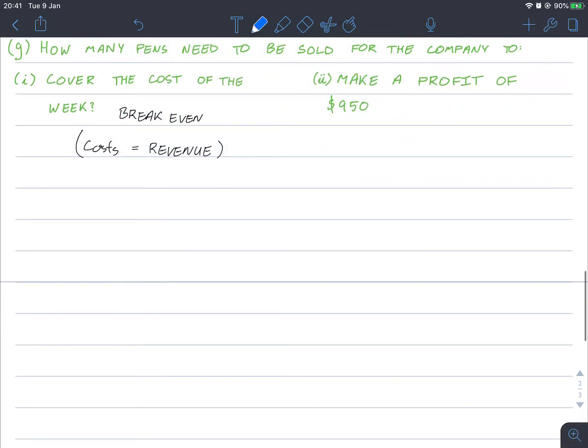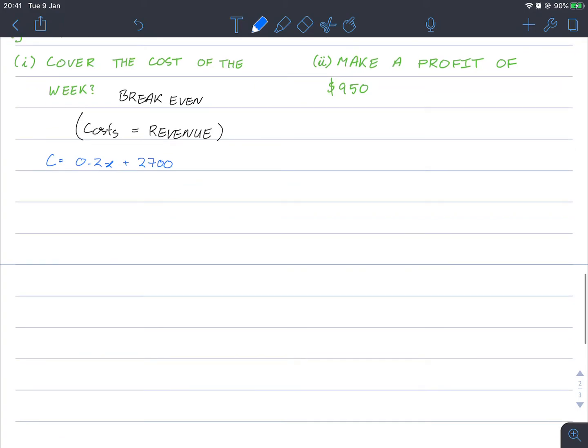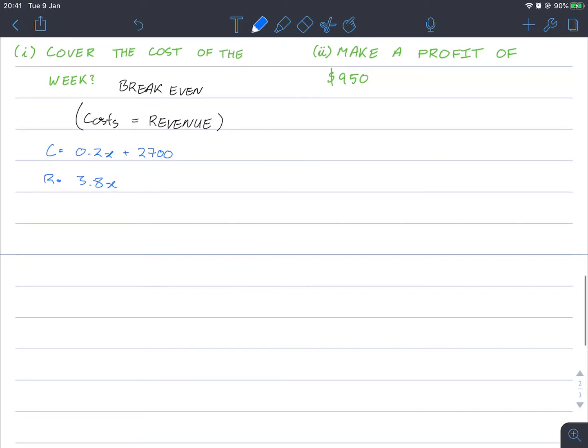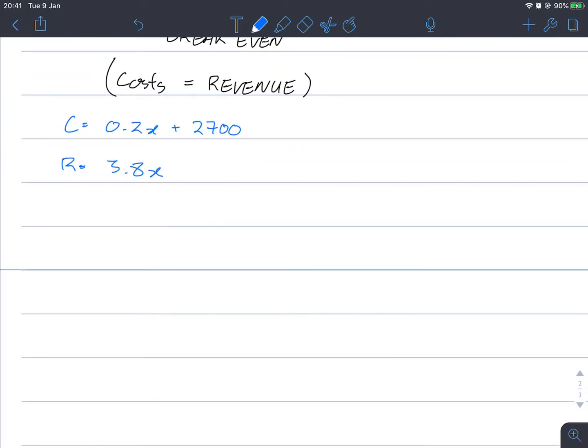So in this case, if we want costs to equal revenue, we take our cost formula, which was 20 cents, 2,700, and our revenue of $3.80X, and we let them equal to each other. So we're going to substitute this here.